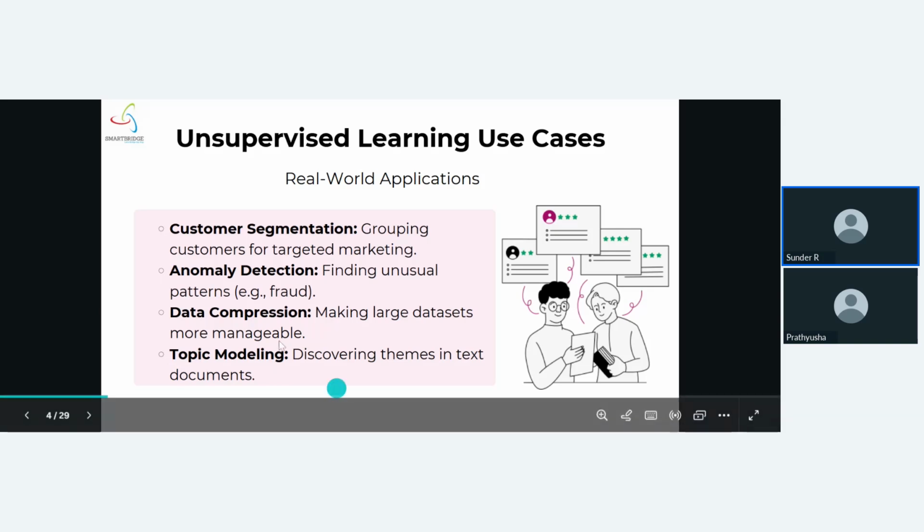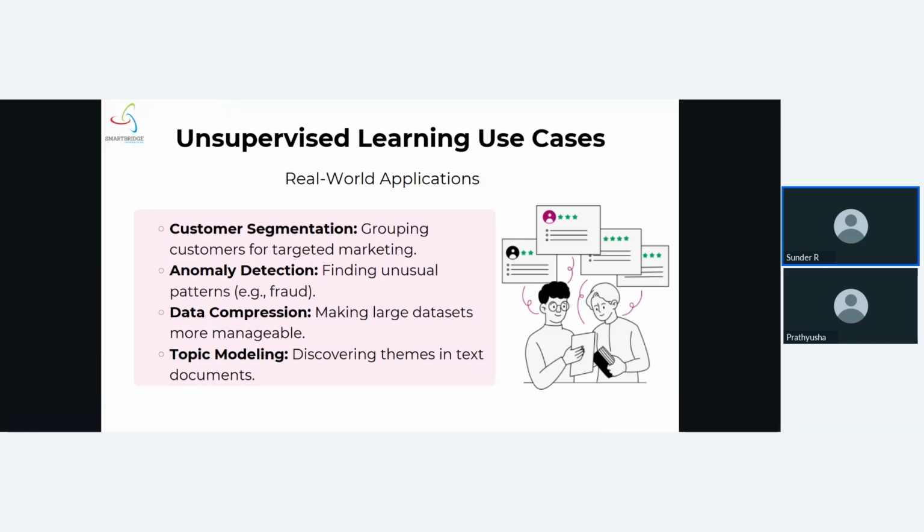Any questions, guys? Yes, is it the same? Are you guys not able to see my screen? Please confirm, guys. You're able to see my slides moving, right?